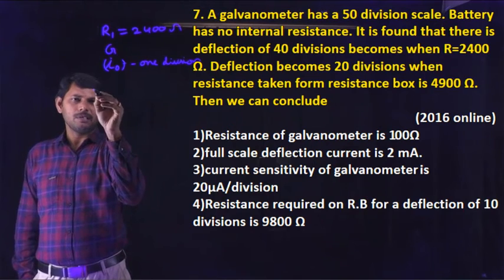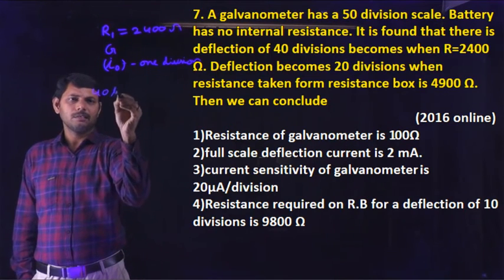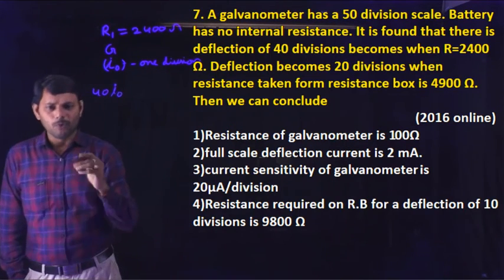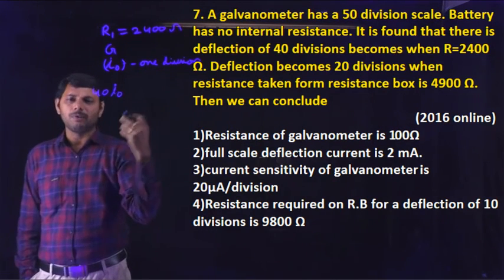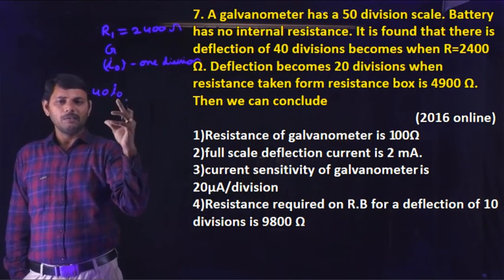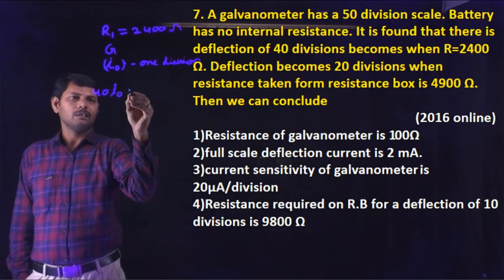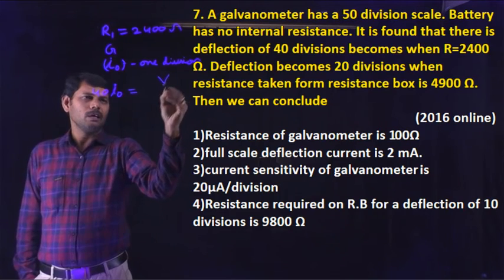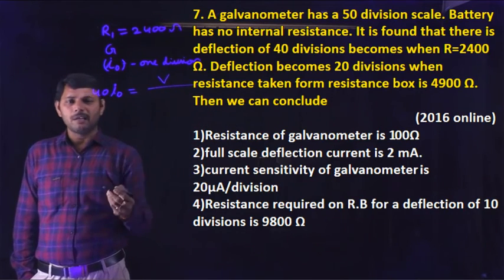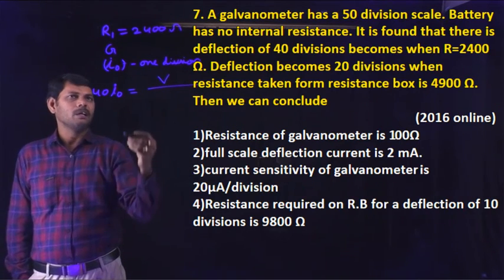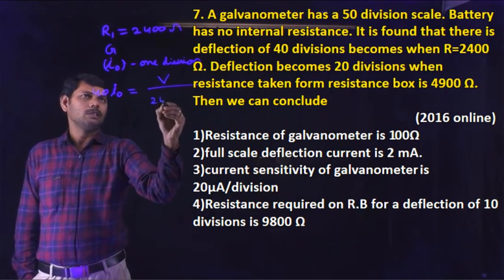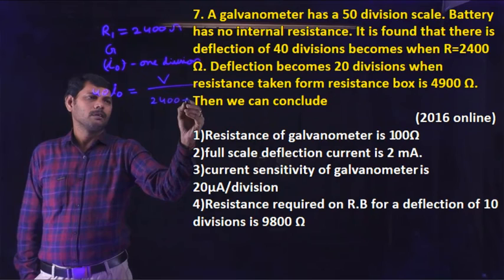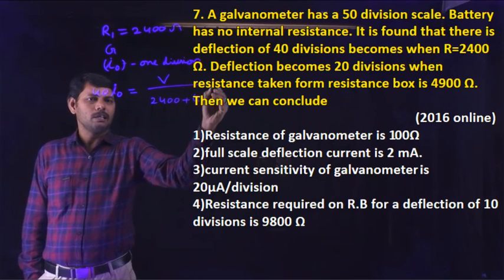Then the current measured is 40 I naught. I is equal to V by R. Let V be the potential difference of the battery without any internal resistance. The net resistance is R1 plus Z, that is 2400 plus Z. Let it be equation 1.